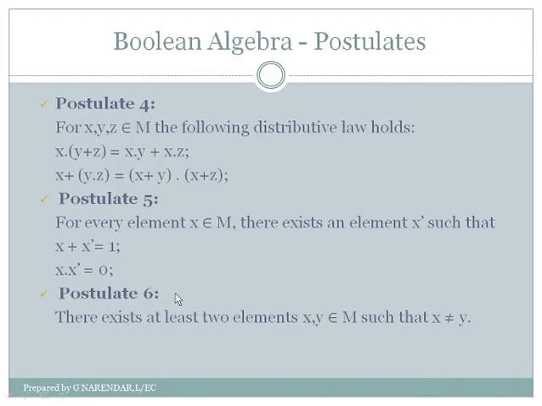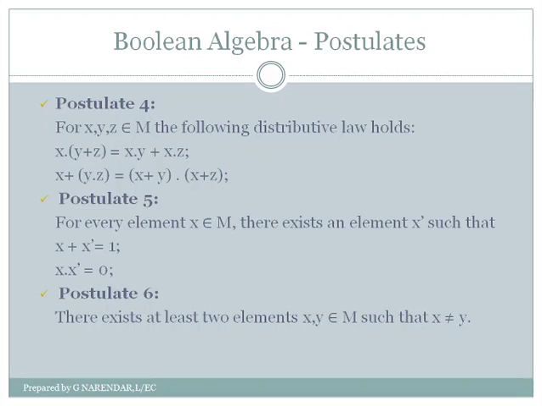So postulate 6 simply defines that there must be at least two distinct elements in the set M, on which the Boolean algebra and its postulates, operations and elements are defined. So there must be at least two elements x and y such that they are different.